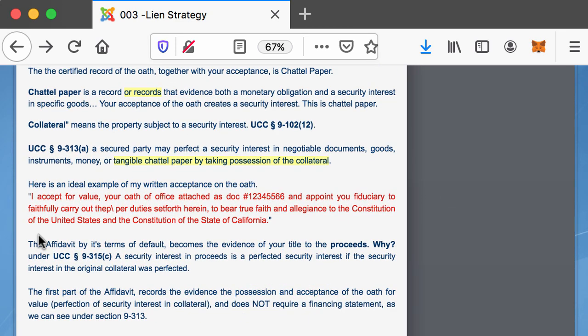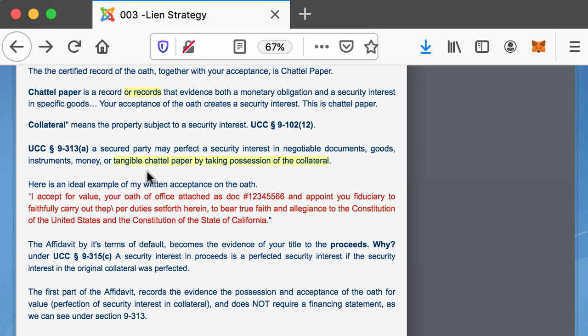Now, this is important to understand. UCC section 9-313, paragraph A. Let me read what this says. It says, a secured party may perfect a security interest in negotiable documents, goods, instruments, money, or tangible chattel paper by taking possession of collateral.